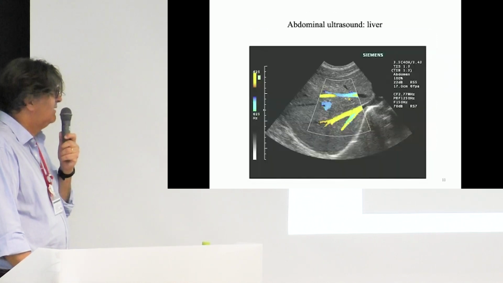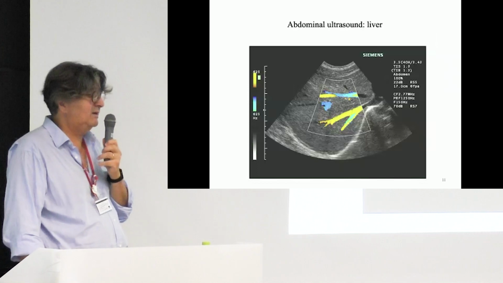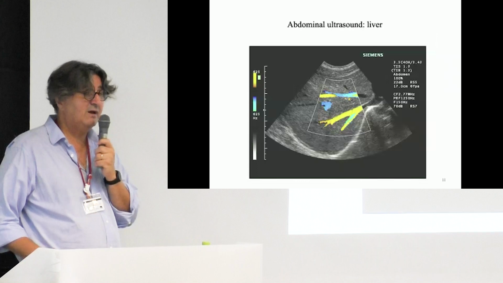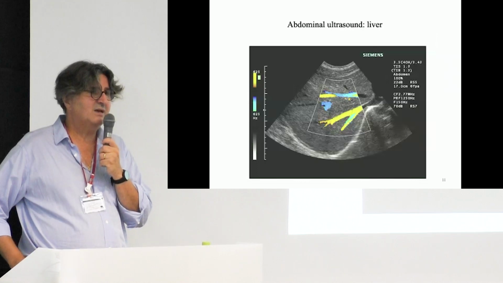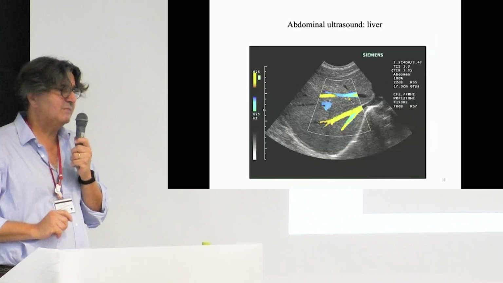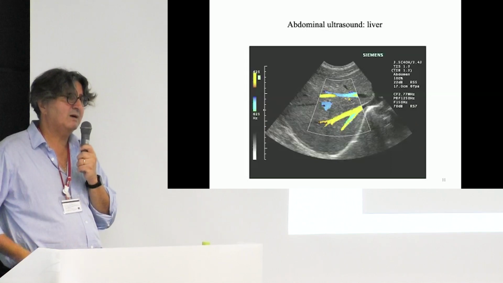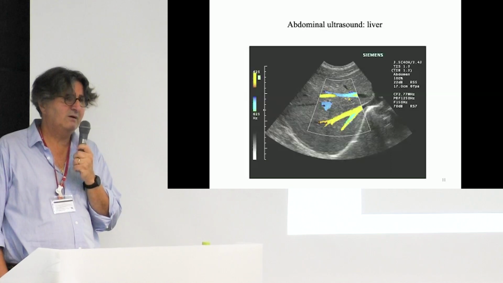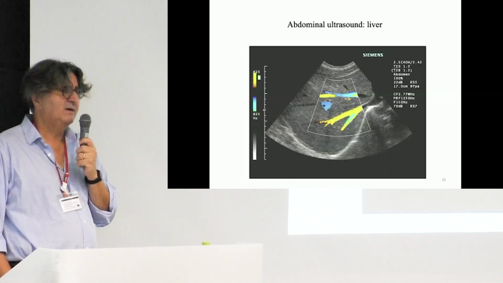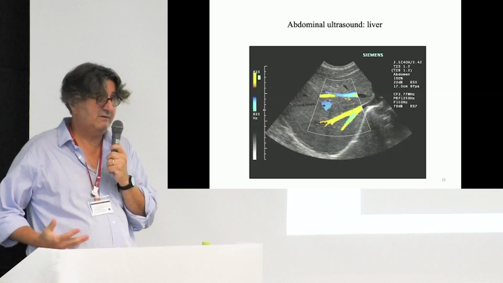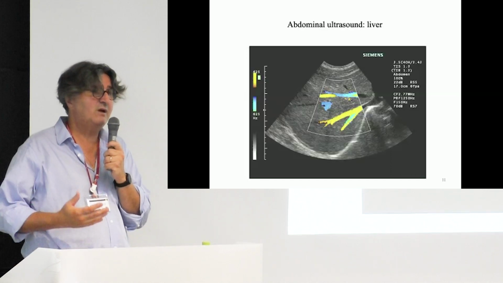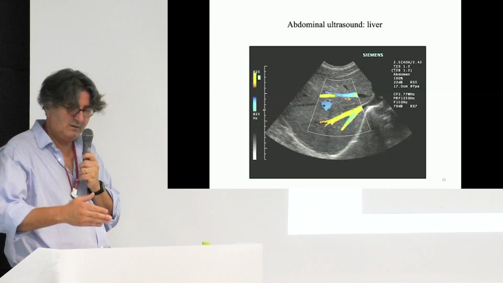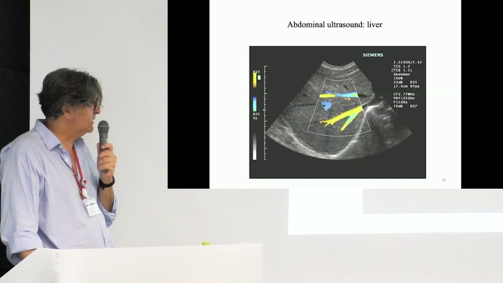And you can see, for instance, here, this is the case of the liver, the vascularization of the liver. And this technique is very important, because combining Doppler systems with images will allow you to detect good vascularization, which is very important, of course, or vascularization problems.